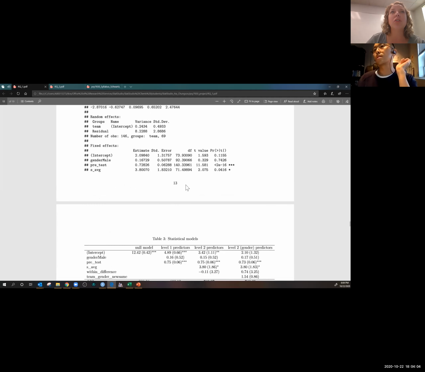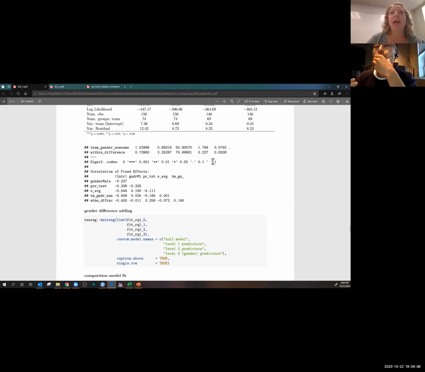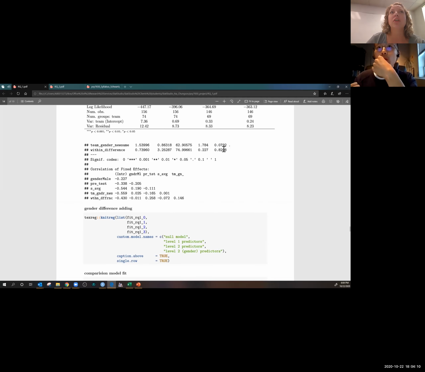I would take out the gender, and I would take out within difference, because this one is so close to being significant. I think if you take out those other two that were so non-significant, about their own gender and if the group was the same gender, it has the potential to clean this up.